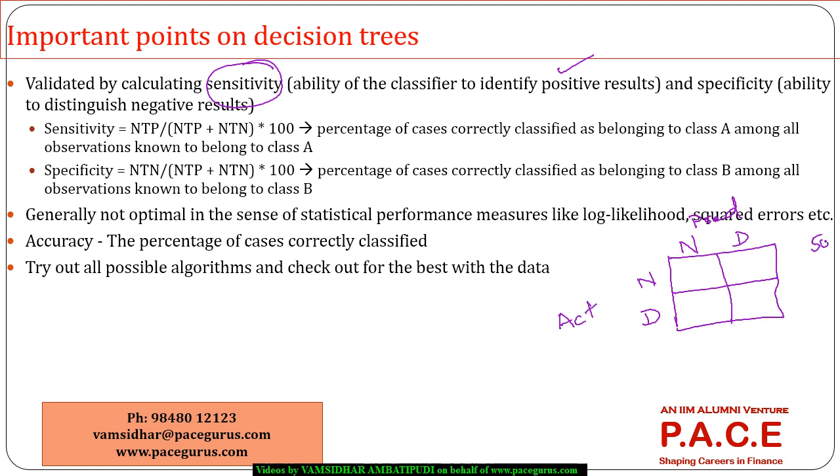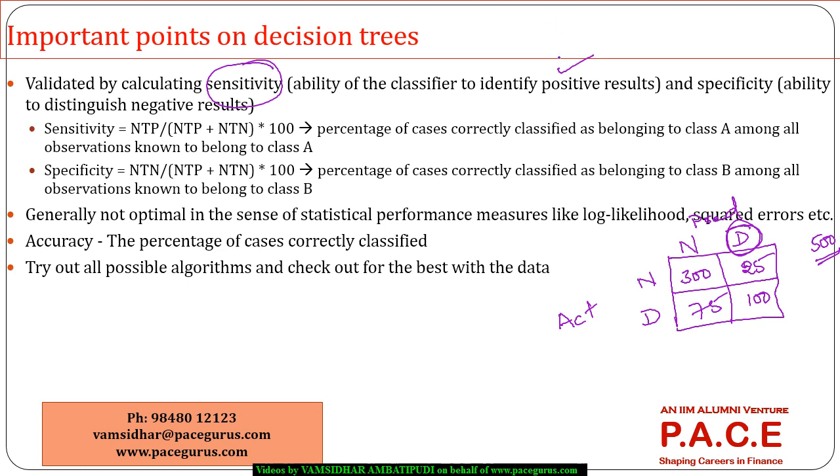Let's say out of the 500 observations, I'm just putting some numbers: 300, 100, 25, 75. For me the positive is default, because I want to know which person is going to default. So I will take the positive as default, and no default as negative.